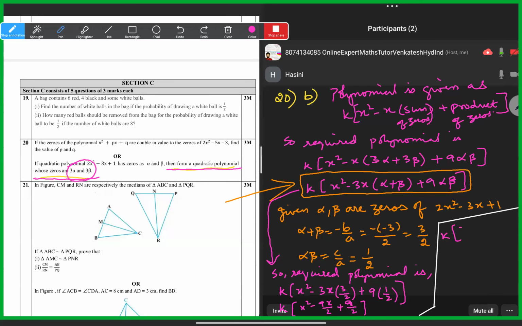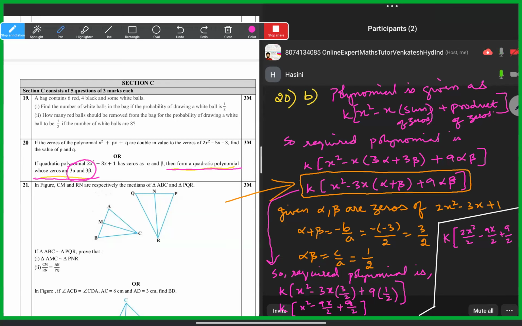So it will become x square by 1. So k into, we will get 2x square by 2 minus 9x by 2 plus 9 by 2, because the other two are already 2, so they are the denominator.